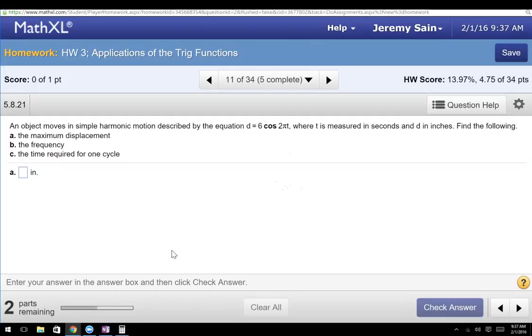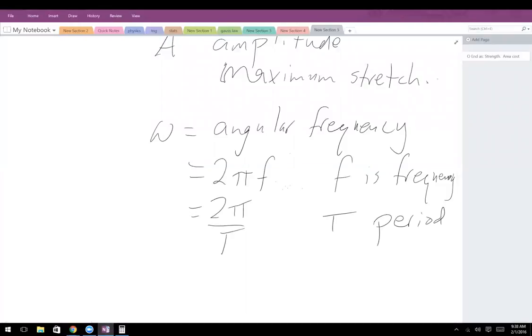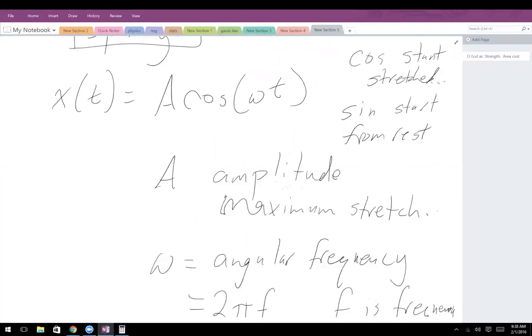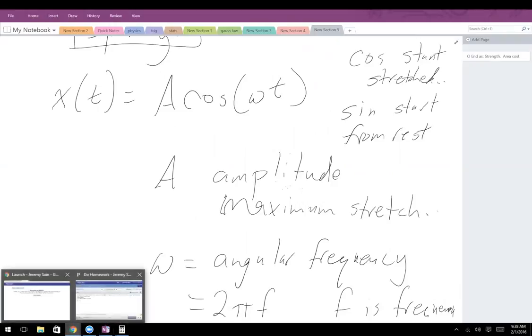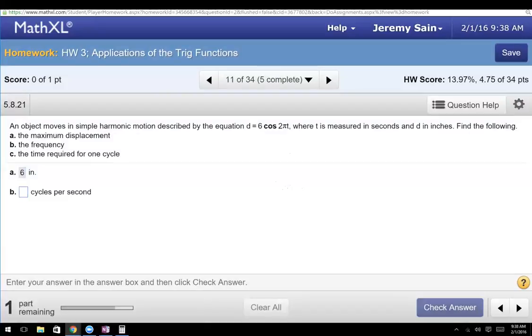All right. So find the following: the maximum displacement. How do I tell the maximum displacement? It's the amplitude. It's the number out front. What is the amplitude? 6. Fantastic. How many cycles per second? The number in front of t is 2 pi times the frequency, right?